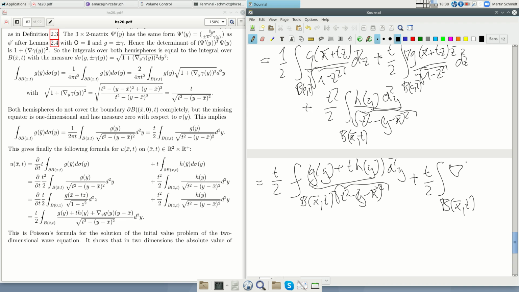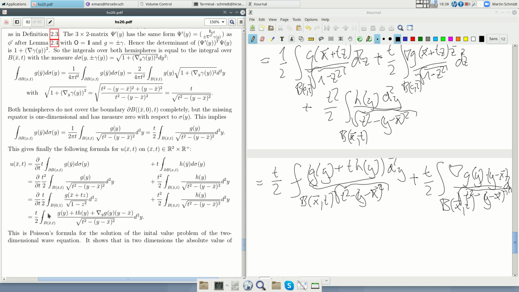So we get gradient of g at x bar plus tz times y. Now we get back y, and times y minus x bar, of course, divided by the square root of t square minus y minus x bar square, d square y. Okay, and this is this formula.